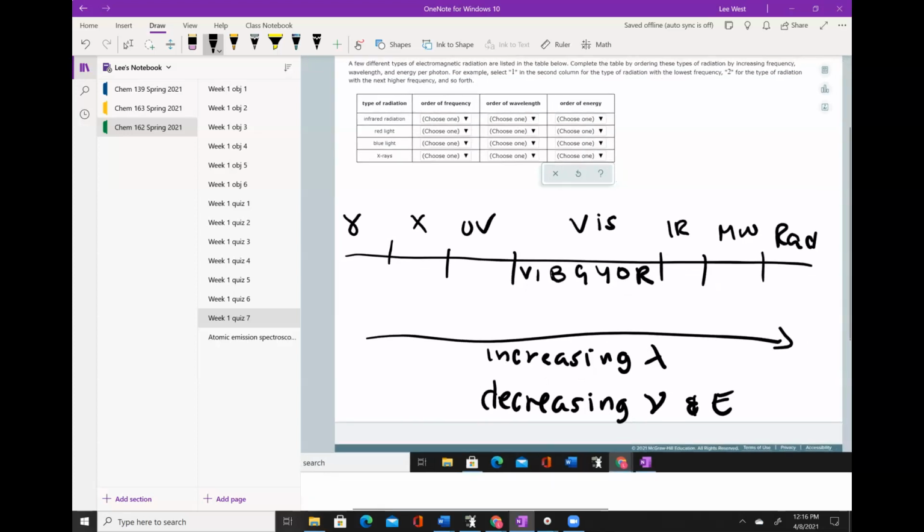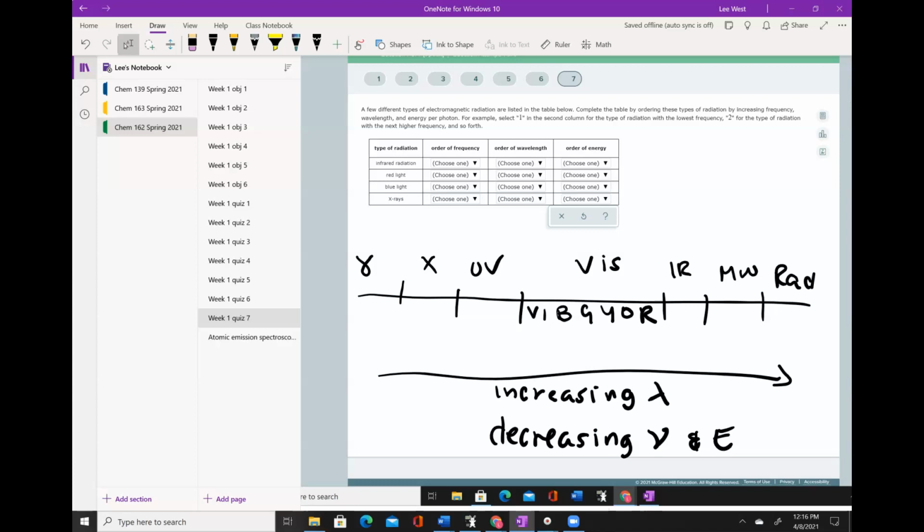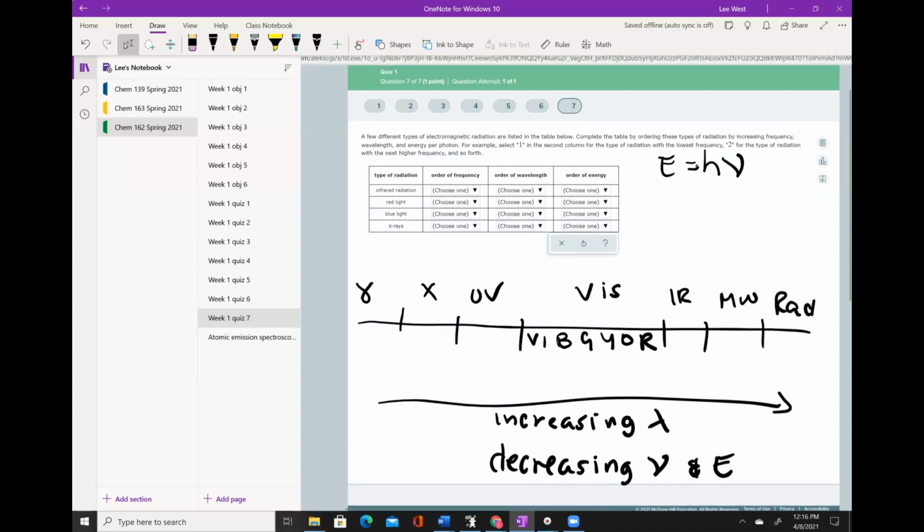Now, if we rank something in order of frequency, we're going to have the same ranking in order of energy, because remember that energy is just equal to Planck's constant times the frequency. So really this problem looks like you're doing 3 things, but once you've got the order of frequency, that's going to be the same order for the energy. So we're asked to rank these in order of increasing frequency, wavelength, and energy.